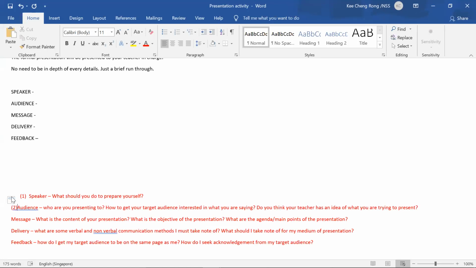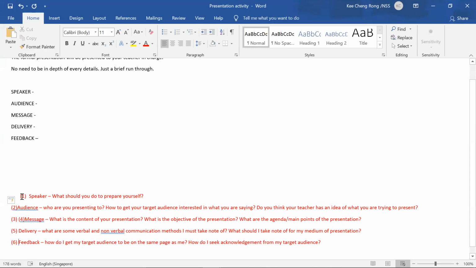For 3 and 4, you can do message. For 5, you can do delivery. And for 6, you can do feedback. The guiding questions are all to the right side of the aspect. Everything clear? You know your groupings, the questions you're going to handle, and which aspect you're going to handle?